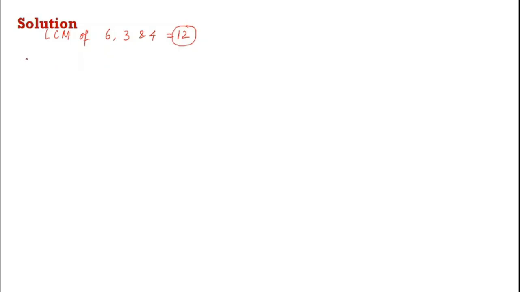Let's start with plan A. The cash flow is as follows. Initially I am drawing it just for 6 years, then I'll extend it to 12. 1, 2, 3, 4, 5 and 6. Fine.